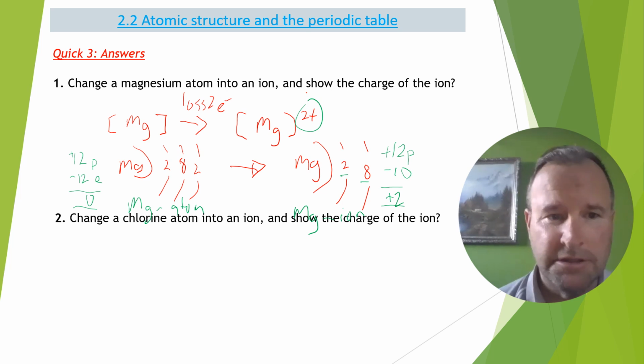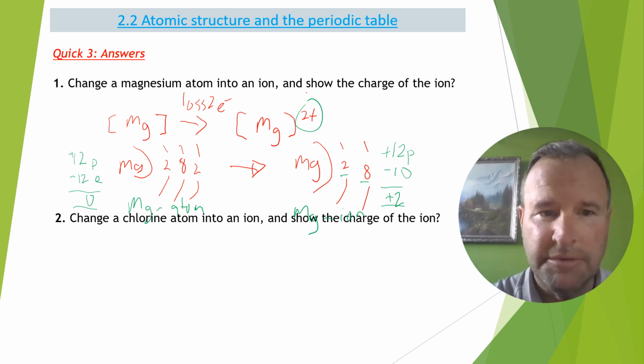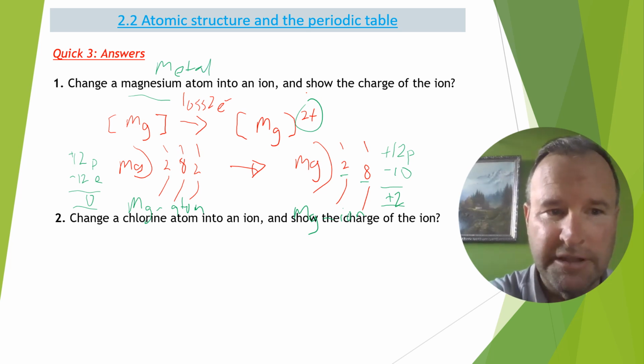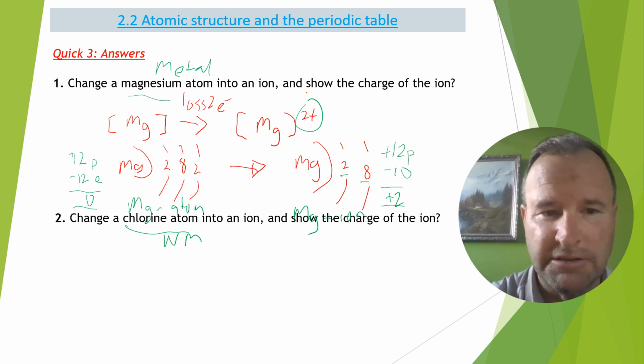Next question, change a chlorine atom into an ion and show the charge of that. So in the previous one, this was a metal, and they have a tendency to lose their outer electrons. This is a non-metal, so you need to distinguish between the two, and they tend to gain electrons in the outer shell to reach what we call a stable electronic configuration of a noble gas.